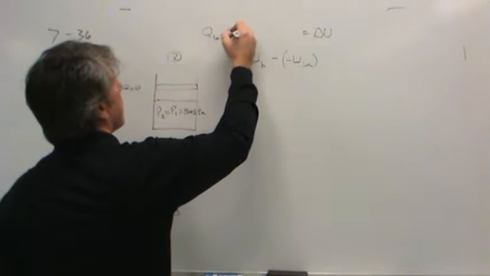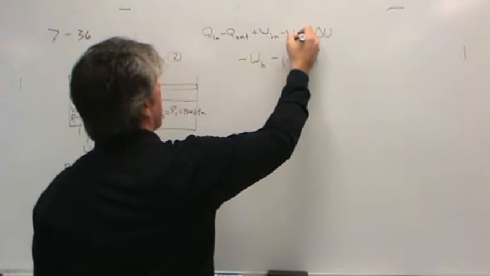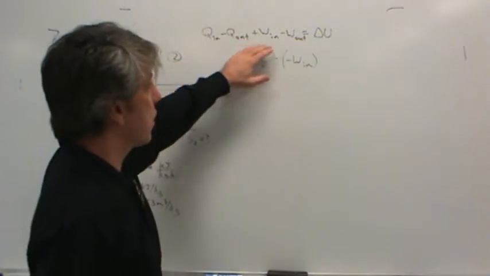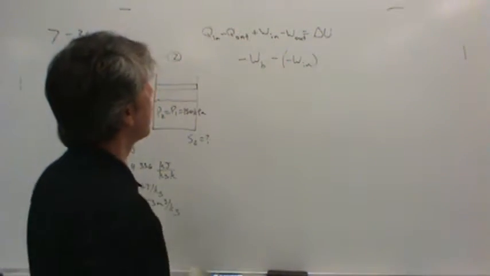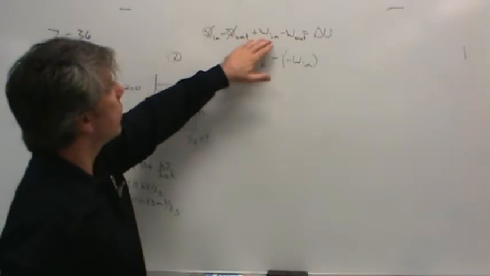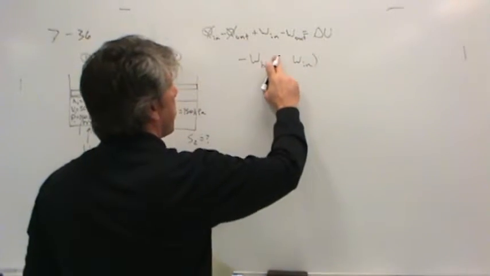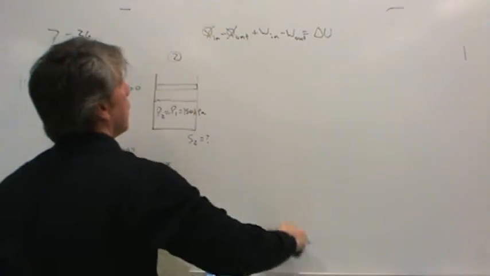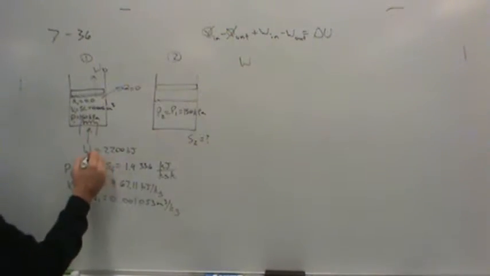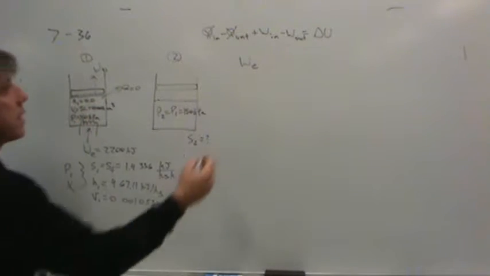Q in minus Q out plus W in minus W out. And that makes it really easy to see. These are just deposits and withdrawals. We don't have to worry about a signing convention anymore. And so then you see, since we have no heat transfer, then the work transfer in, well, then we don't have to mess with this minus minus stuff. We can just say the work that's transferred in is just this electrical work. Let me put an E here so we can evaluate it as electrical work. See, that's this term.